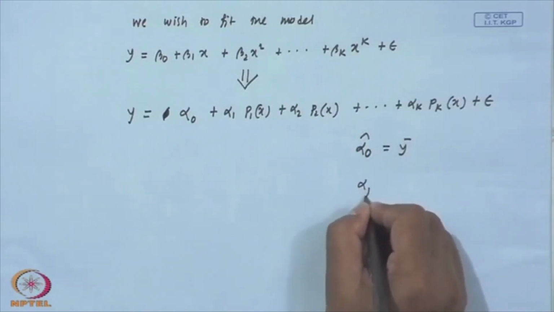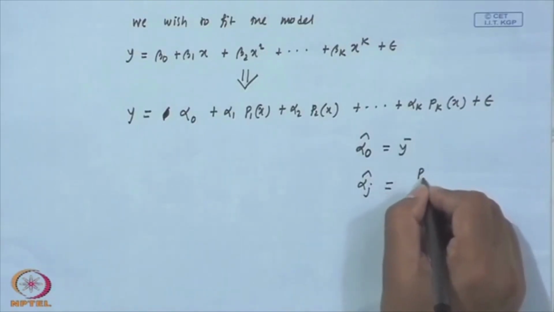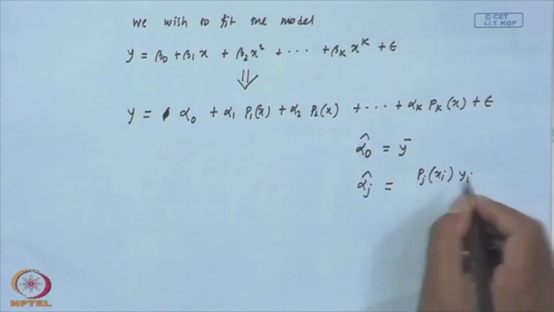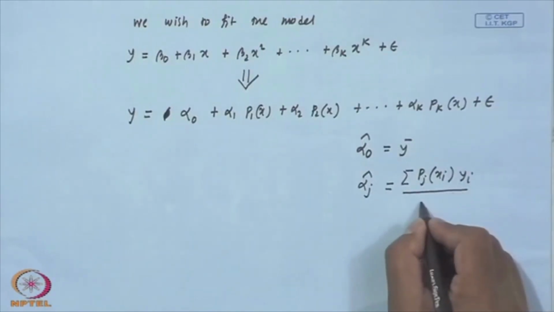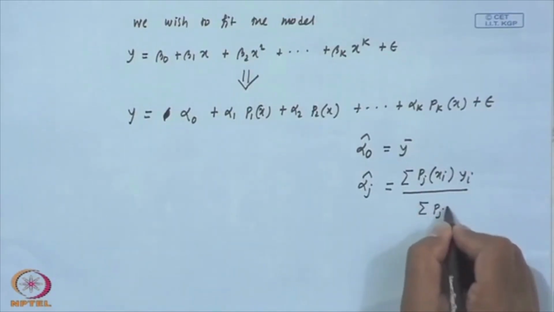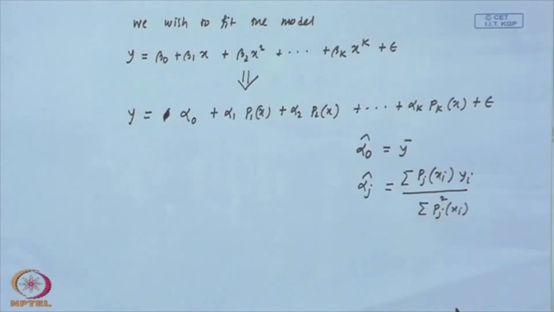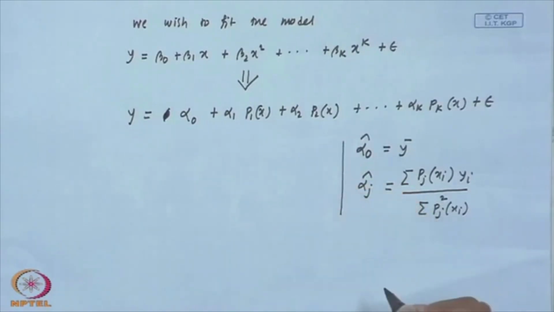We know that alpha j hat is equal to sum p j (x_i) into y_i by sum p j (x_i) square.